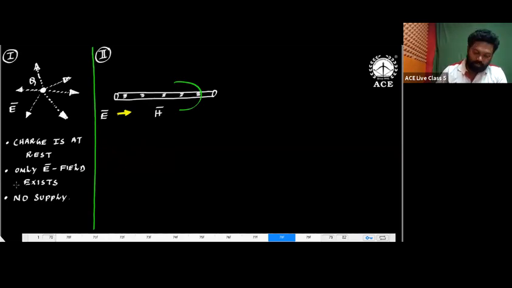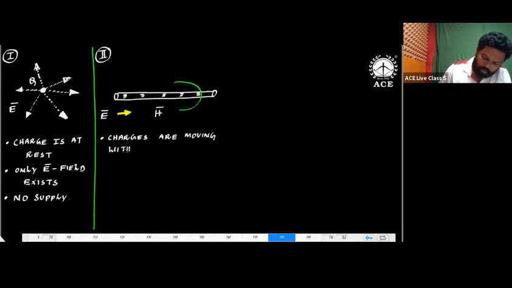There is no coexisting mechanism. So what are the charges here? Charges are moving with uniform velocity.